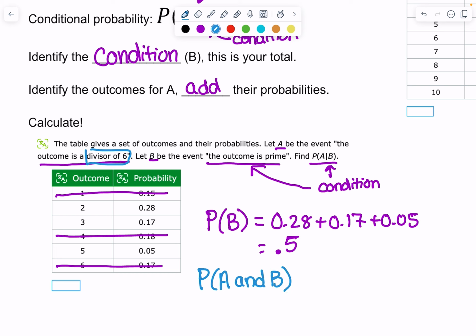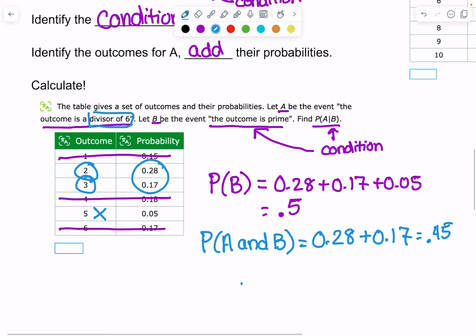Because we've already crossed off everything that's not B. So everything that's left here that counts for A goes into the probability of A and B. So I know that 2 is a divisor of 6, 3 is a divisor of 6, but 5 is not a divisor of 6. Remember, we can also think of divisor as factor. So I'm going to add up my 0.28 plus my 0.17, which gives me 0.45.